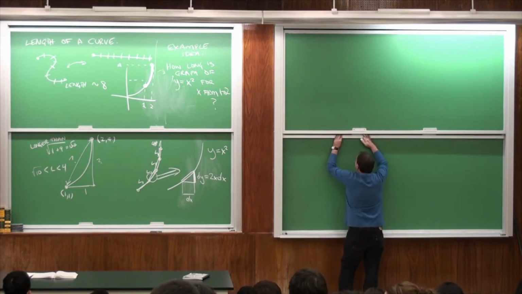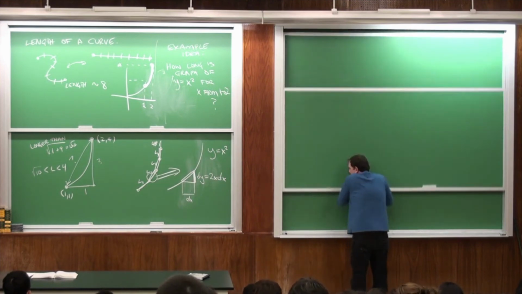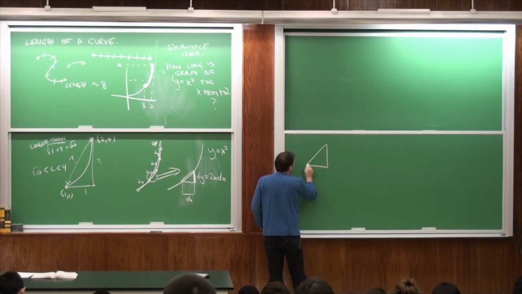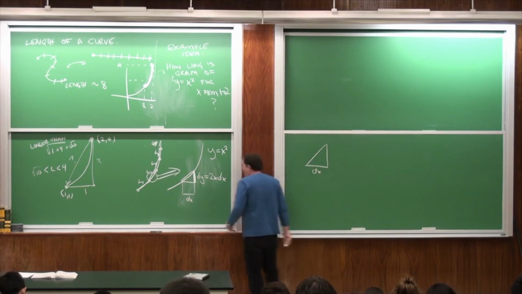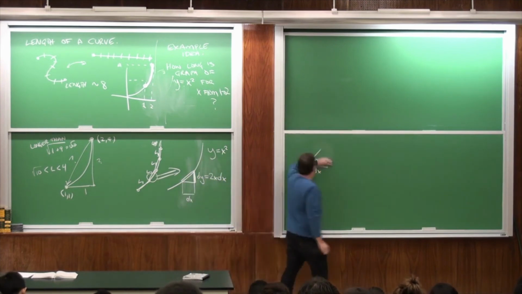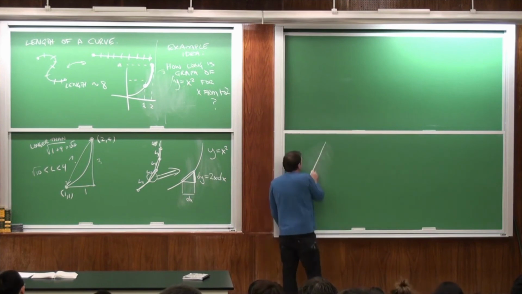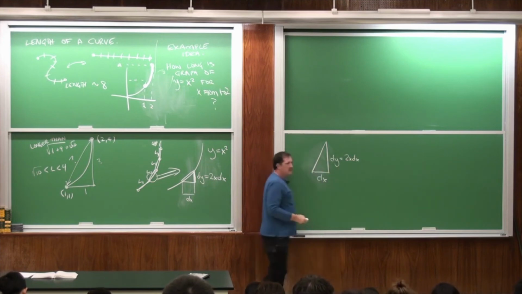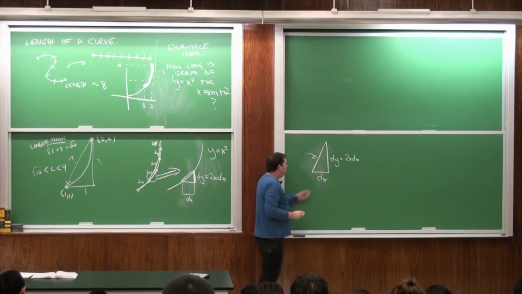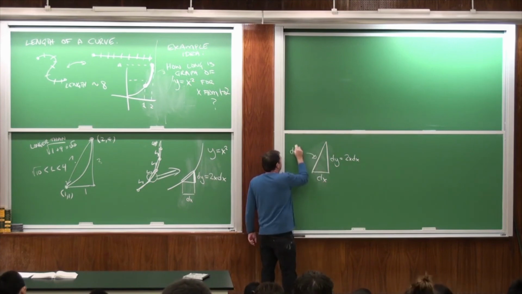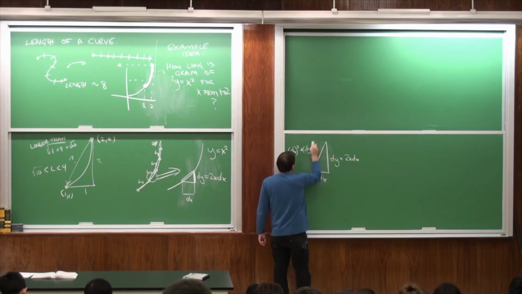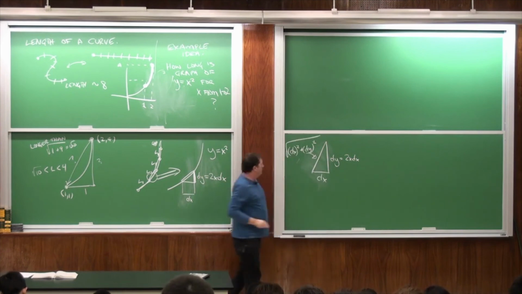I'm going to use the Pythagorean theorem. I have a triangle where this side is dx. I keep drawing it, let's make it taller than it is. This side is dx, this side is dy, which in this case is 2x dx. And so this length is this squared plus this squared. Let me just write it as dy squared. Take the square root.